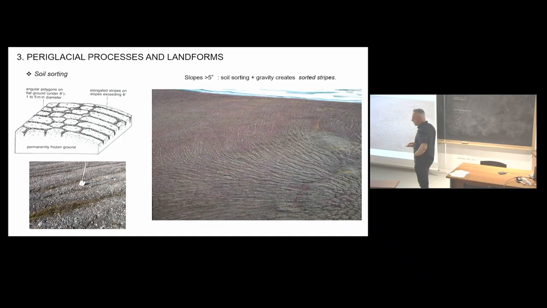Yes? Do you have an estimate of the typical time scale for the formation of such landforms? Yes and no. General idea, because I know that this exact place is one of my field sites, the sea was gone about 3,000 years ago.